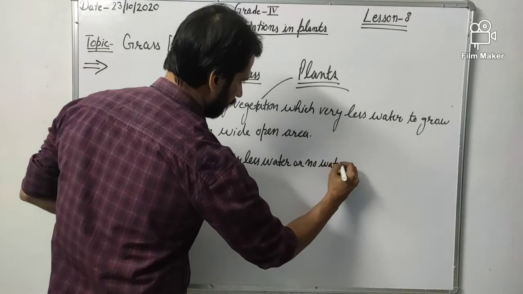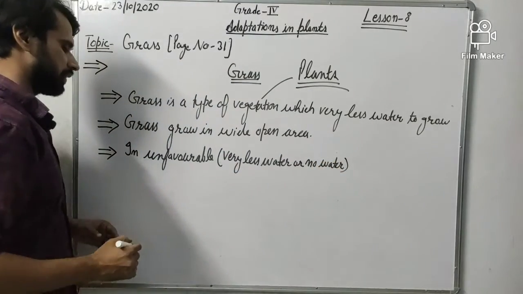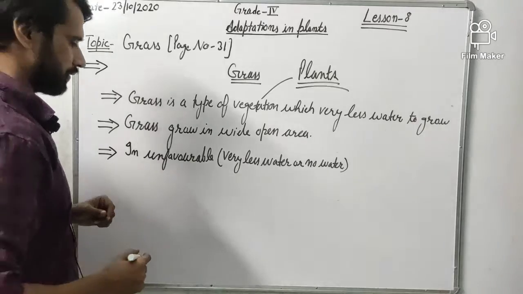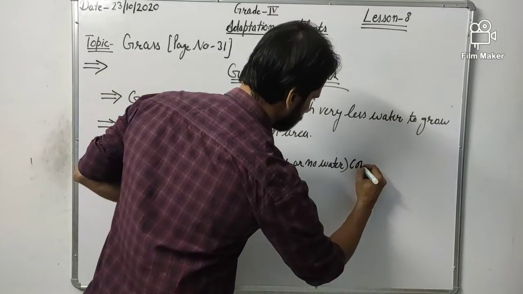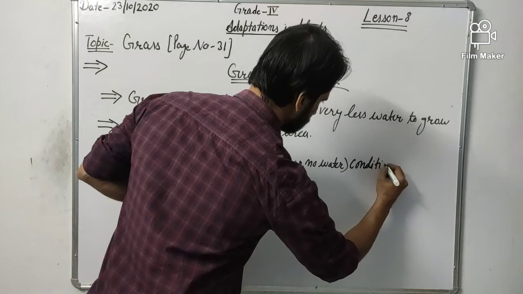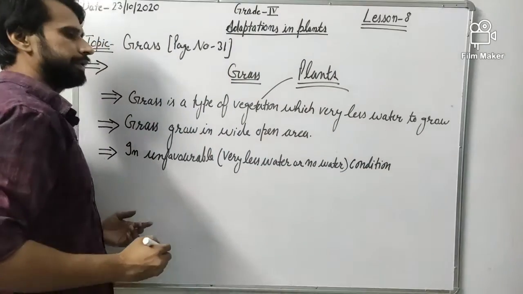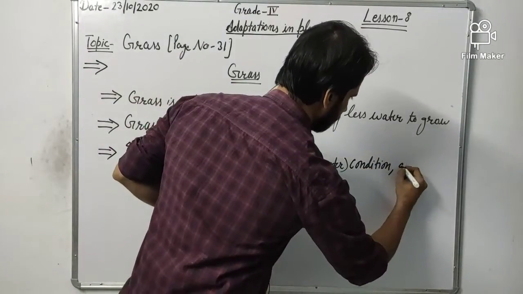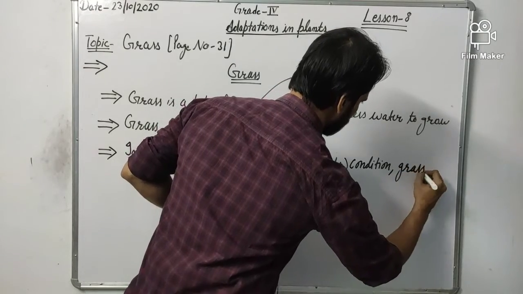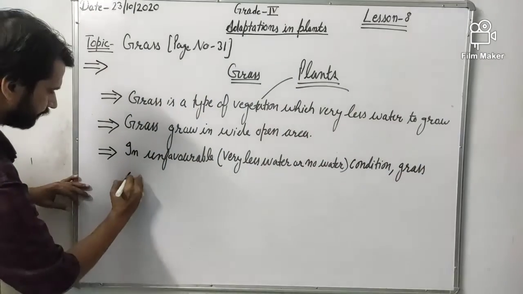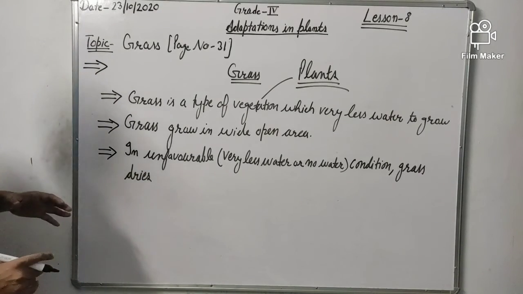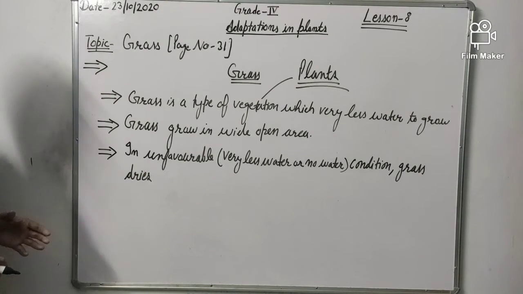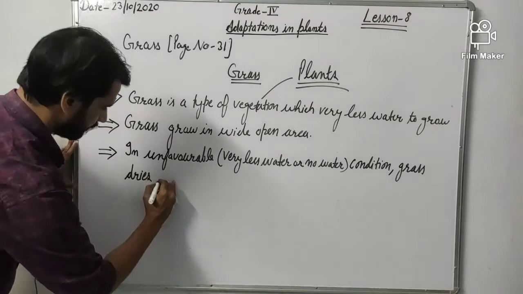If there is no water on land, we can say that it is an unfavorable condition for plants. So in unfavorable conditions, what happens? Grass dries up. Only the upper portion of grass dries up, but the stem and leaves part remain alive.